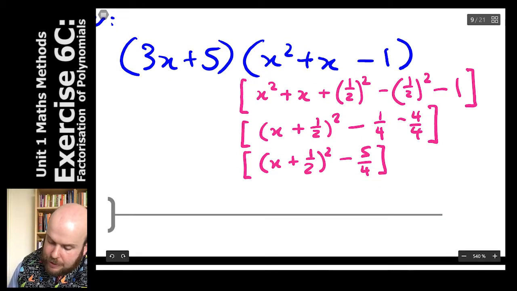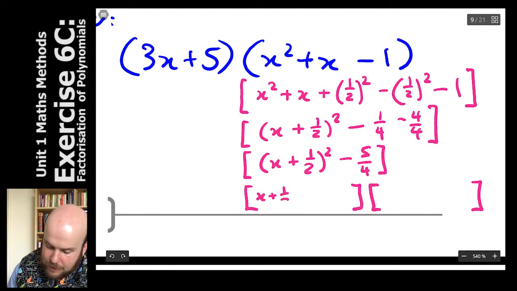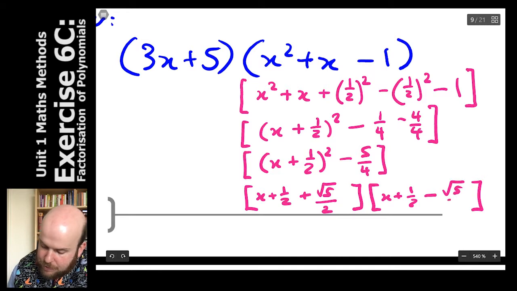And so we can use our understanding that this would become 2 brackets. So the first one would be x plus a half plus square root of 5 over 2, and then x plus a half minus square root of 5 over 2.